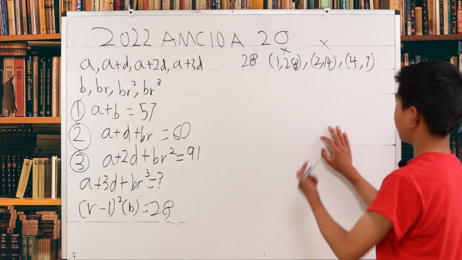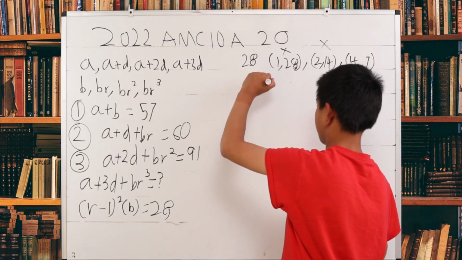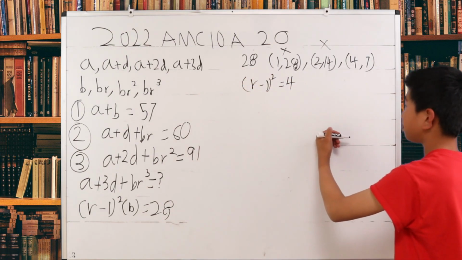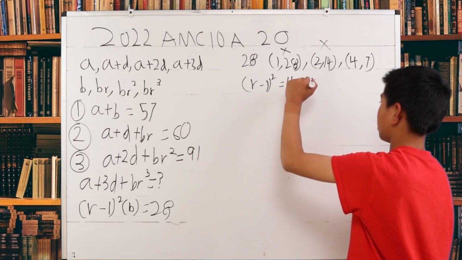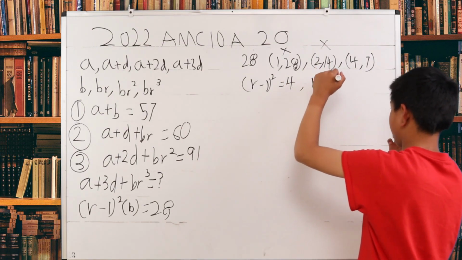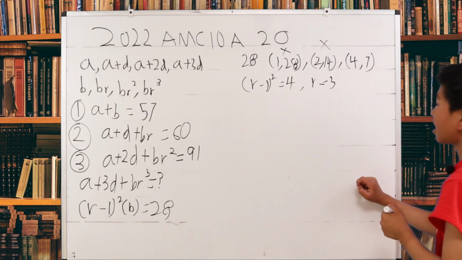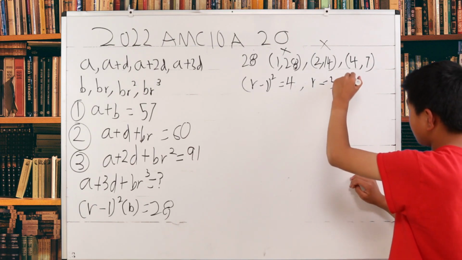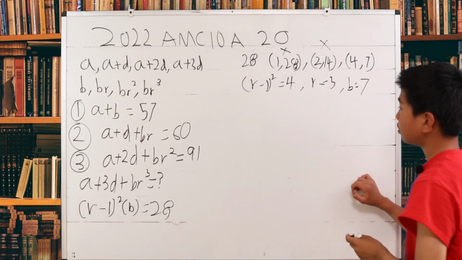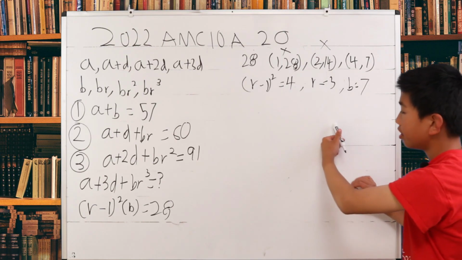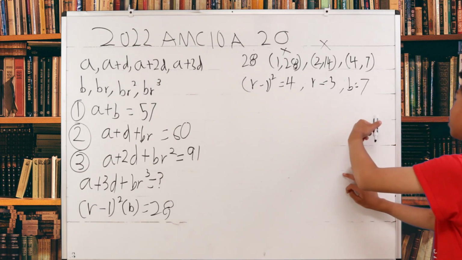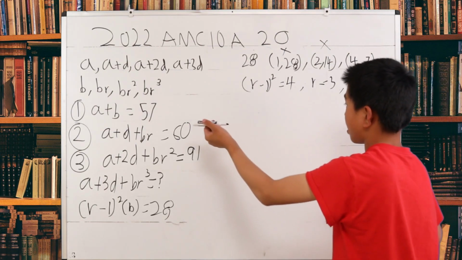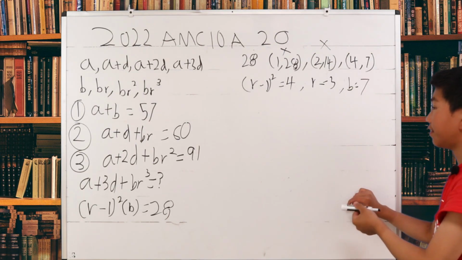So we see that 4 is a square. R minus 1 squared is equal to 4. So therefore, R is equal to 3. And so therefore, now we know B is 7. First we have to find out what A is. Pretty simple. We know that B is 7, so A has to be something plus 7 is 57.